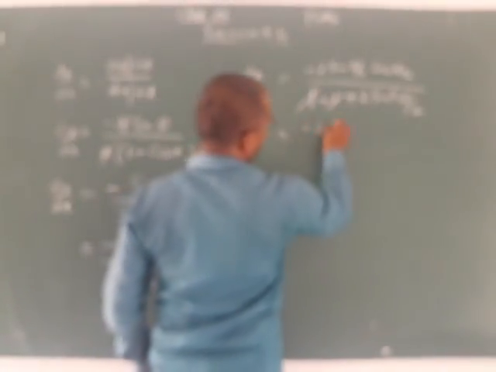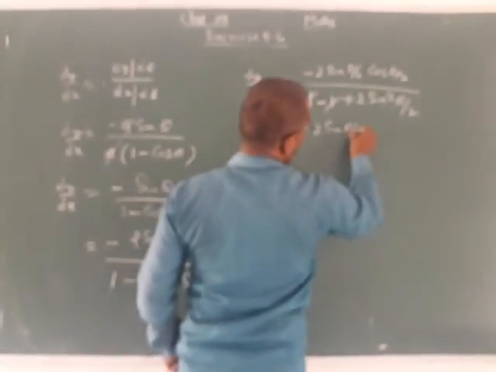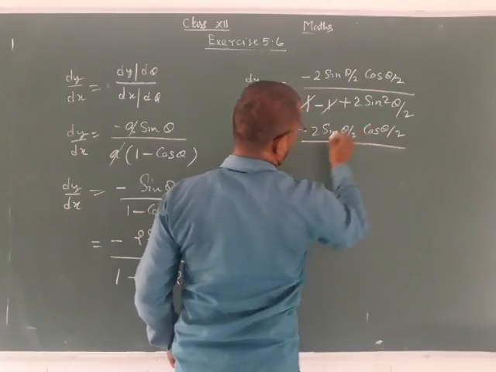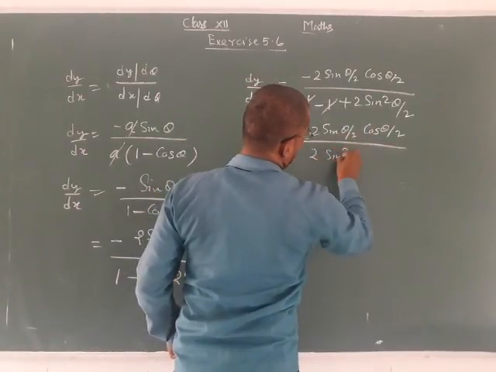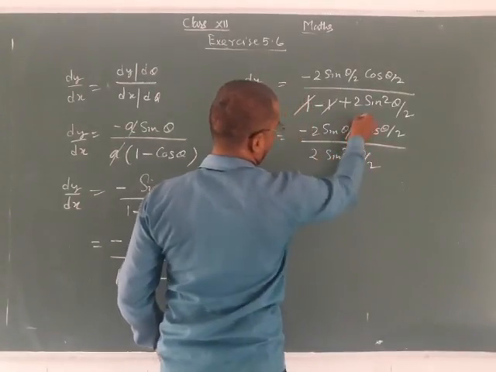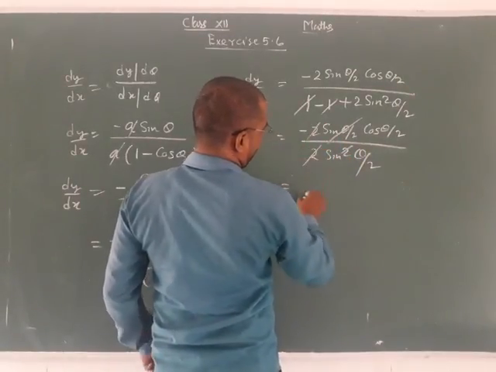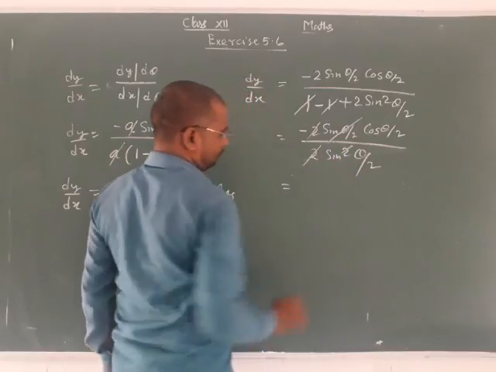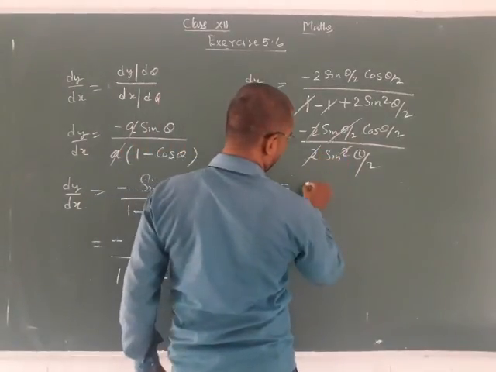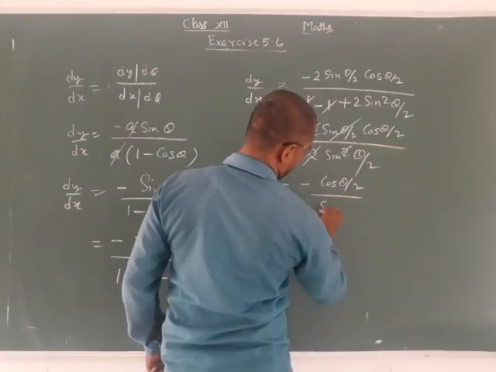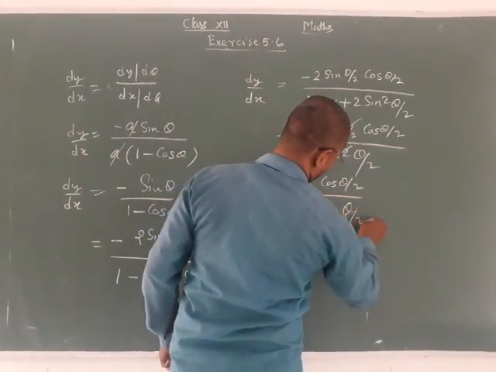So one power is remaining. So minus cos theta by 2 upon sin theta by 2.